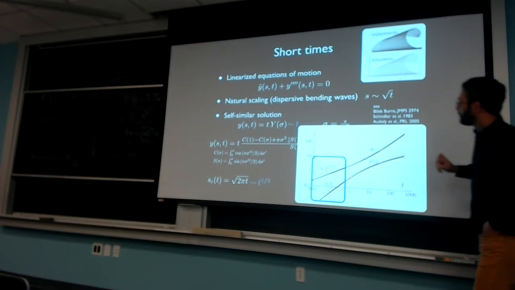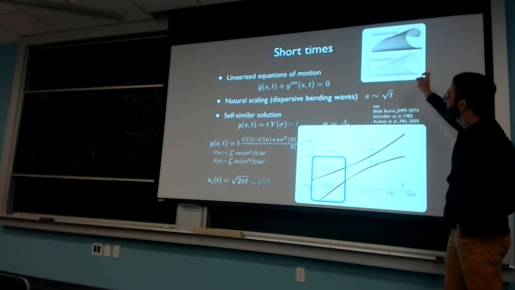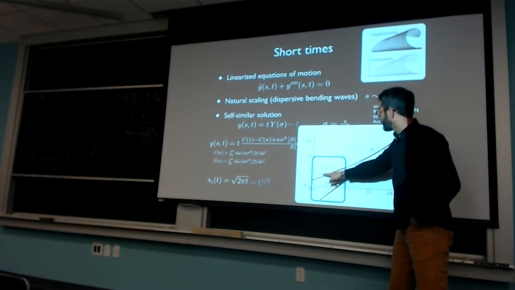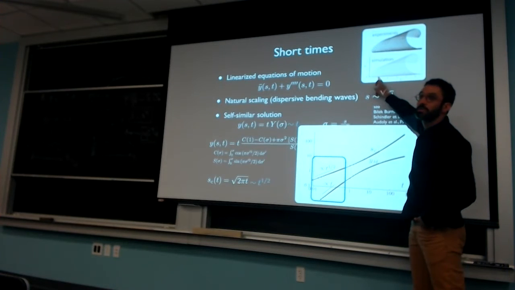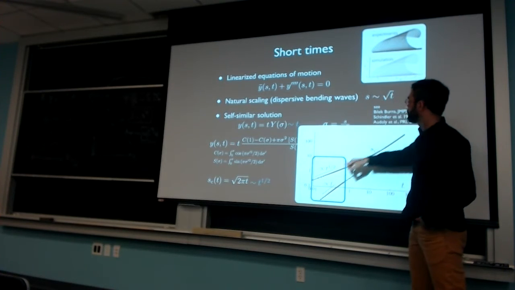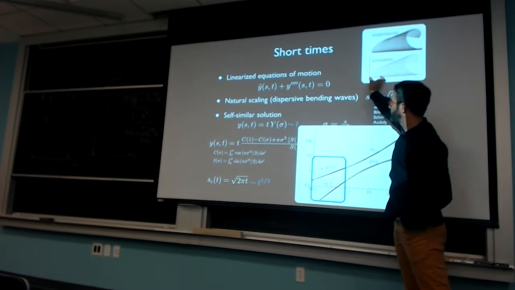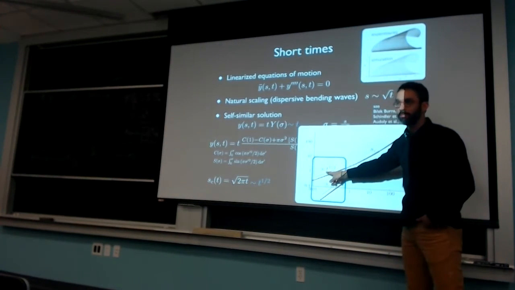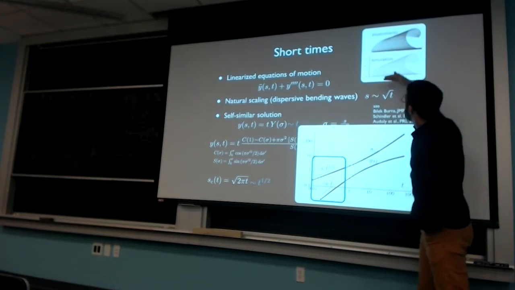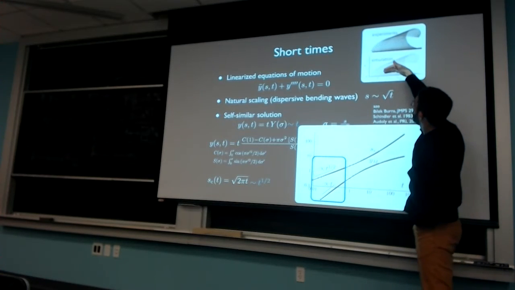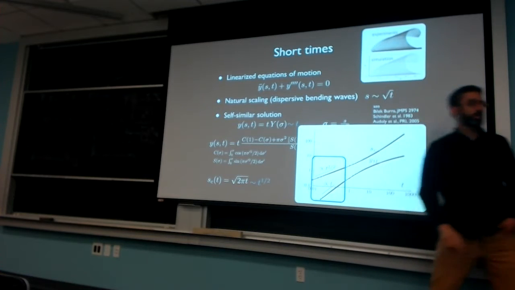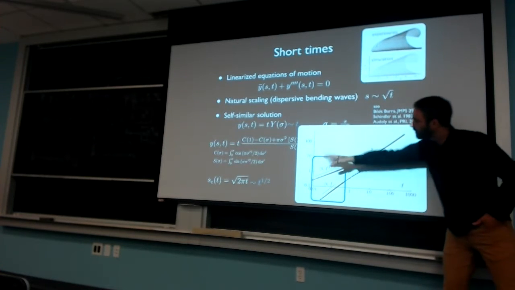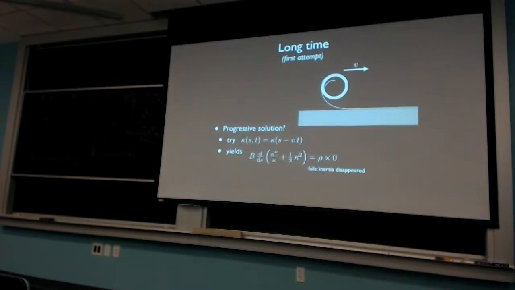If you look at the full simulations, it works nicely because this short time analysis tells you that s_c, the arc length of the points that lift off, goes like the square root of time. And y_m, the elevation of the center of mass, goes like a power of time, and the two scalings are consistent. And even more than that, you have an asymptotic solution that works nicely.